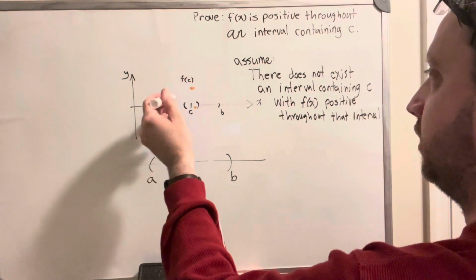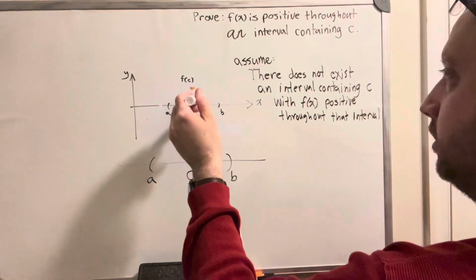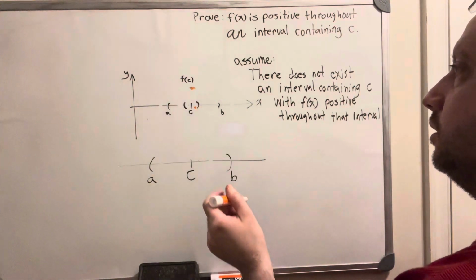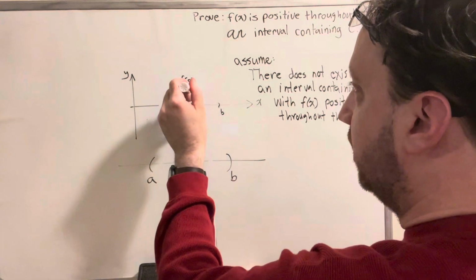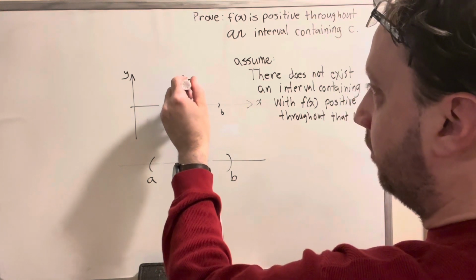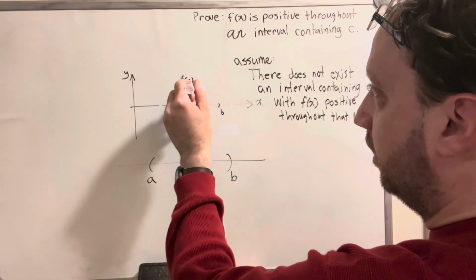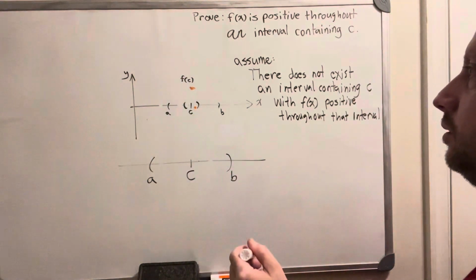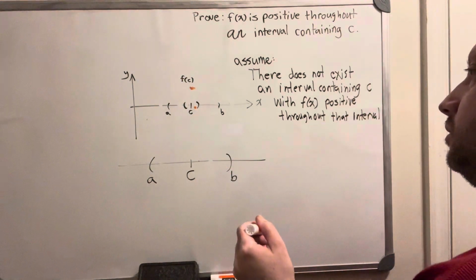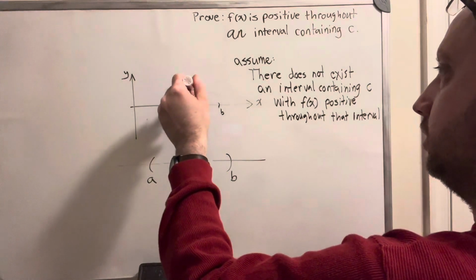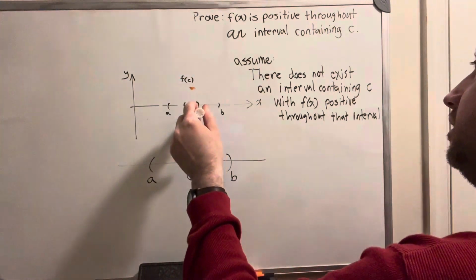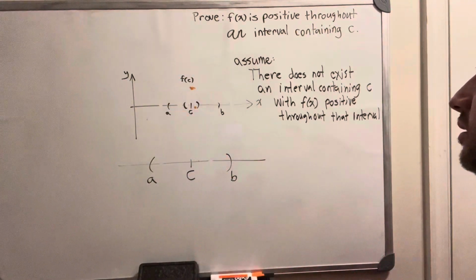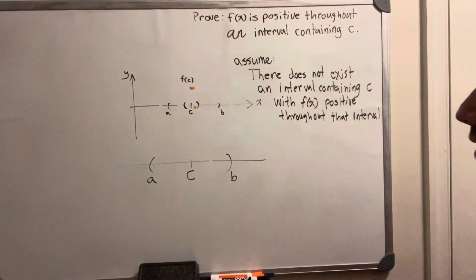But remember, this function is continuous over this whole region. So to get from here to here without lifting your pen, can you do it? It would be hard to do.